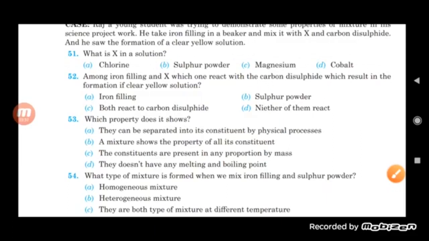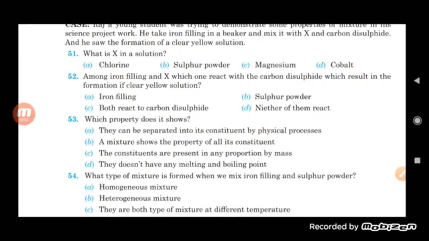Which property does it show? They can be separated into its constituents by physical process. A mixture shows the property of all its constituents. The constituents are present in any proportion by mass, and they don't have any melting and boiling point.